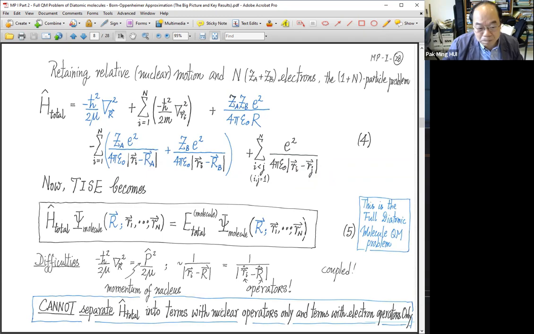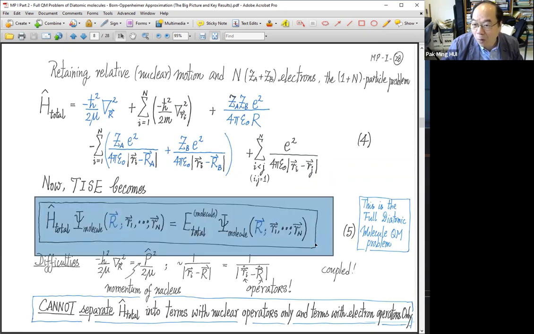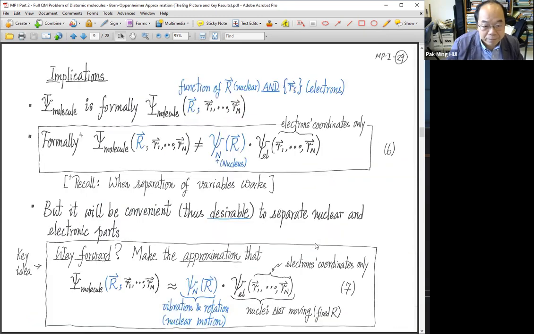Therefore, in principle, rigorously, this is the whole problem, and you cannot do anything more. That is to say, strictly speaking, this is illegal, wrong, because you cannot do separation of variables. In order to proceed further, Born and Oppenheimer suggested an approximation that does just that.